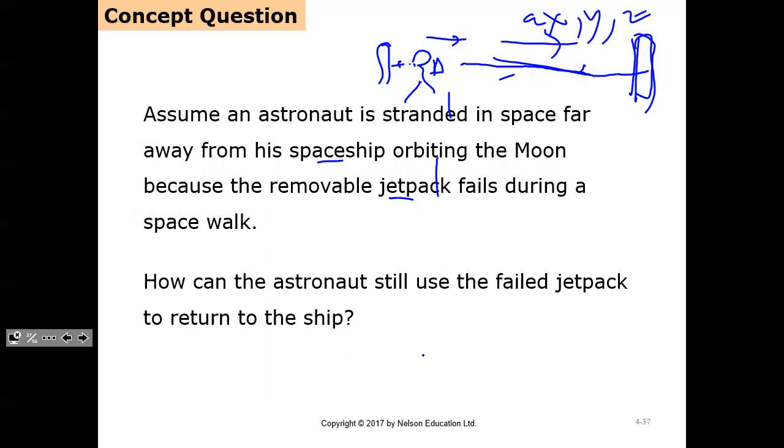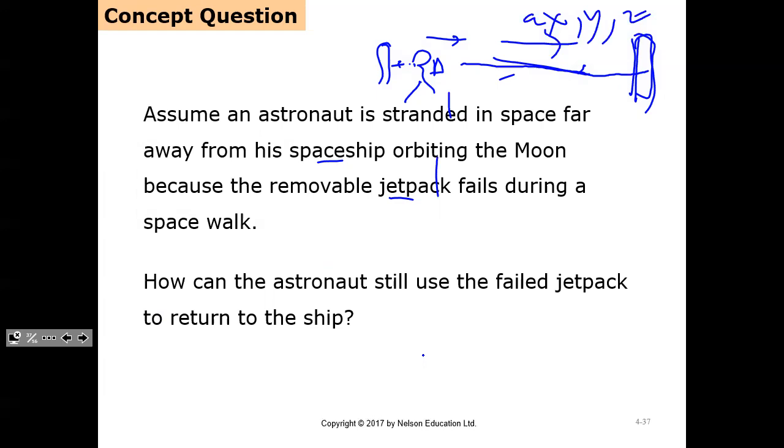Yes, the force is exactly equal. If you push the jetpack with a force of 10 Newton, the force on your hand from the jetpack will be 10 Newton. But 10 Newton is not a big force, by the way. Whatever force we can give, suppose the astronaut weighs, say, 100 kilogram.